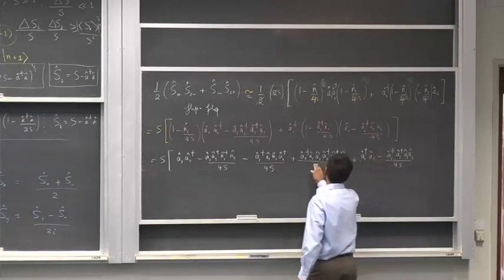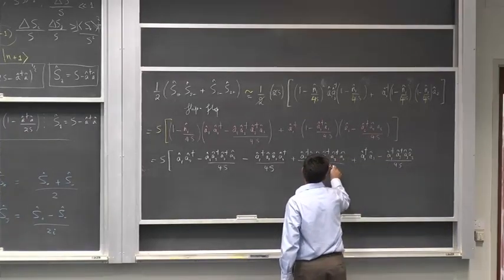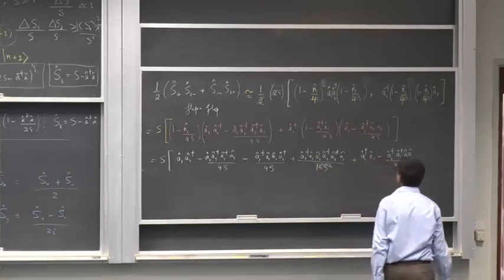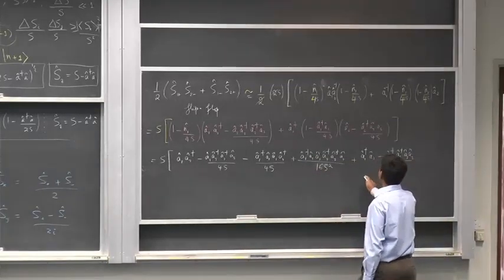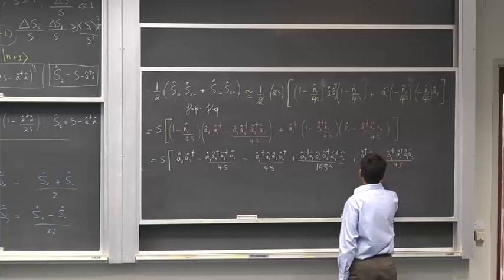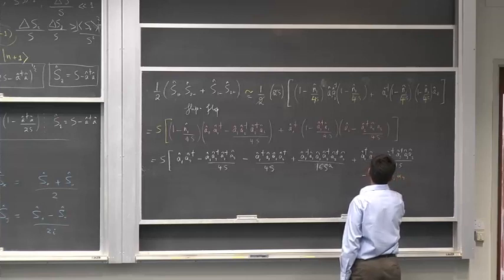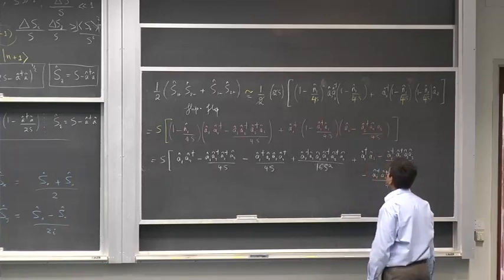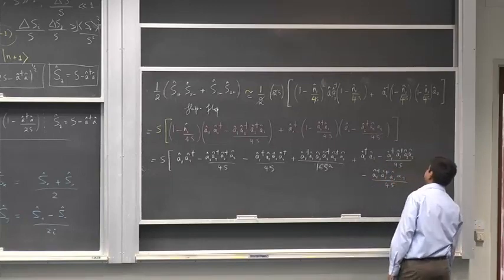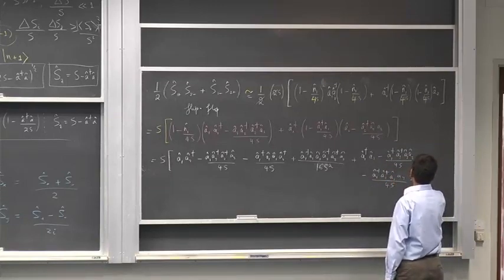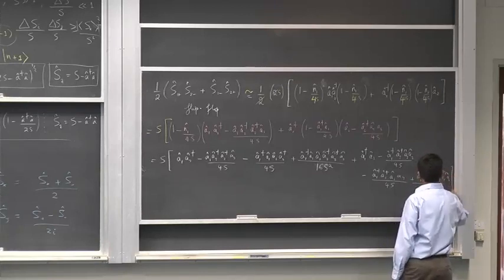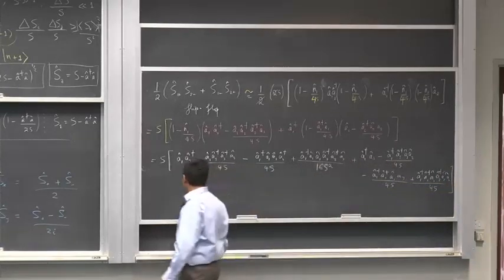This is 16S squared over here. Minus a1 dagger a1 dagger a1 a2 over 4S, plus a1 dagger a1 dagger a1 a2 dagger a2 over 4S, and of course there will be higher order terms as well because we've already truncated the series.